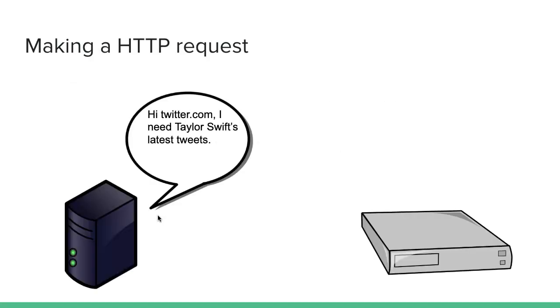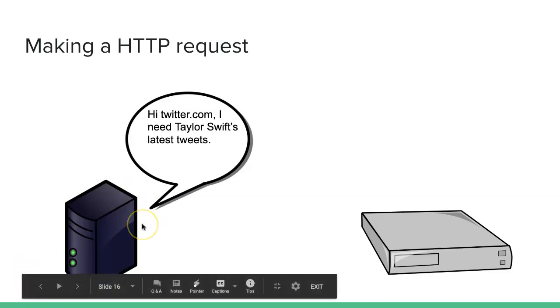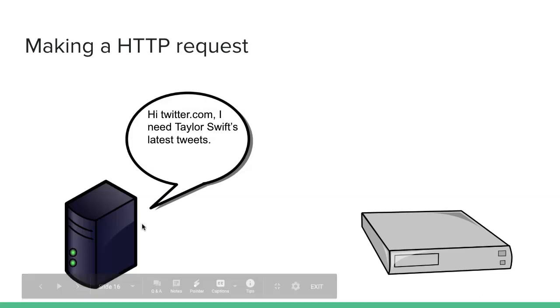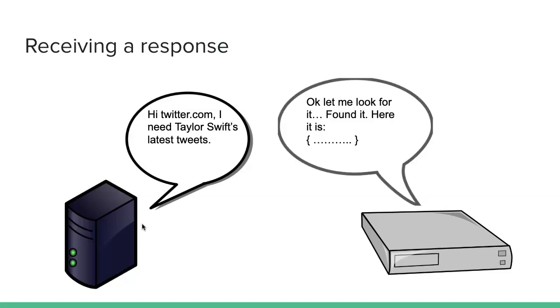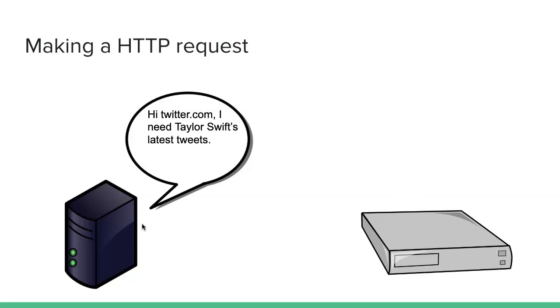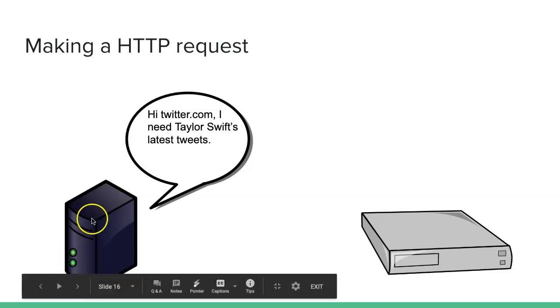So just to show what's happening when you're making an HTTP request, this is ultimately very simplified. Let's say your computer wants to access Twitter.com's API and you want to access Taylor Swift's latest tweets. Your website is going to make a request, right? Kind of like how you message your friends back and forth, your website is going to send a request to the server.